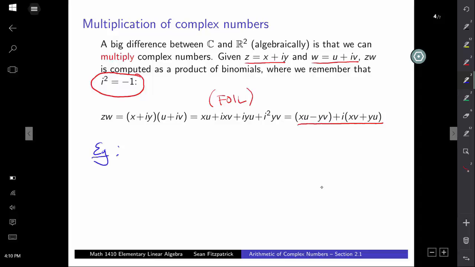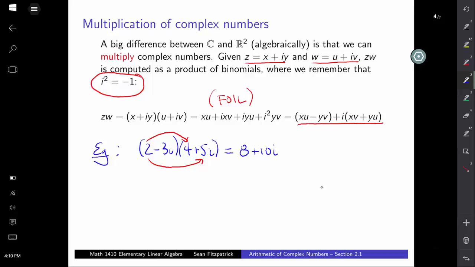So for example, if I wanted to do 2 minus 3i and I wanted to multiply by 4 plus 5i, I just multiply out and expand. So 2 times 4 gives me 8, right? And then I do 2 times 5i. As you would expect, twice 5 should give me 10i. Then I do the inside terms, so minus 3i times 4, that minus 3 times 4 gives me minus 12i.